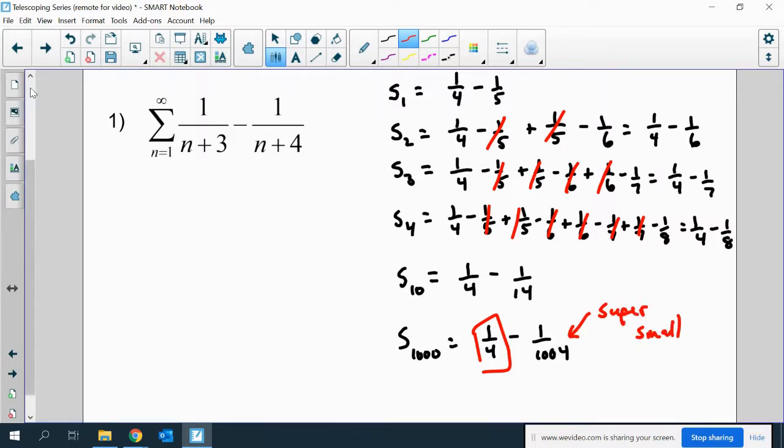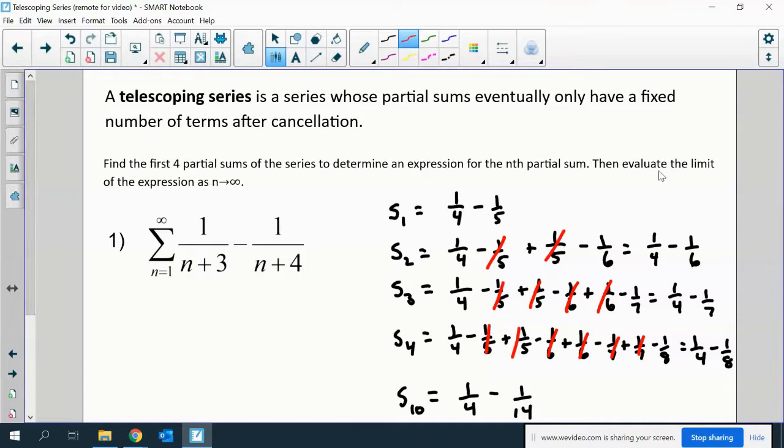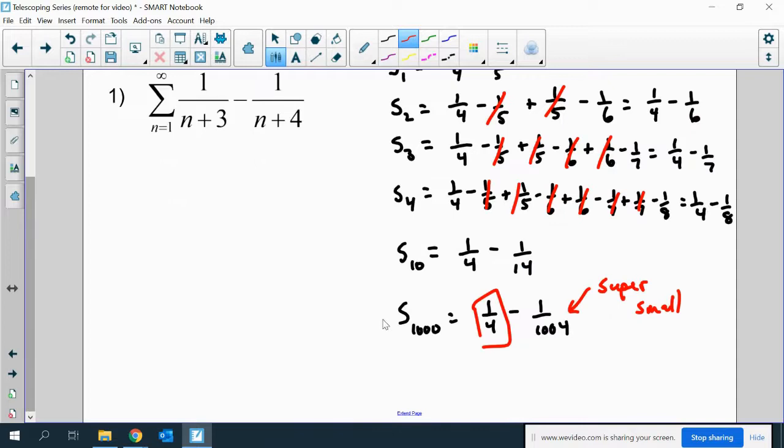So what happens as I take the limit of this as n goes to infinity? The limit is what is really happening as I plug in infinity. What am I going to get? Well, I would get 1/4 minus 1 over basically infinity, right?